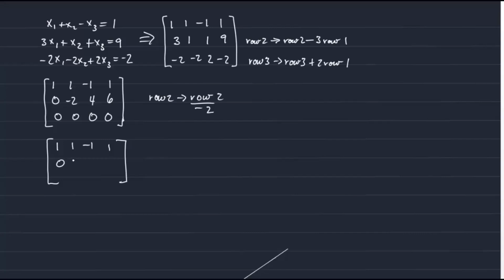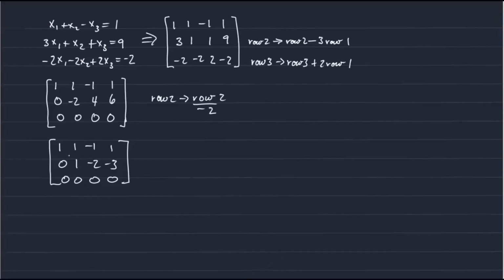And we'll get our 1, minus 2, and minus 3. And again, our zeros are still on the bottom. So now we have all of the lead ones that we're going to get from this matrix.